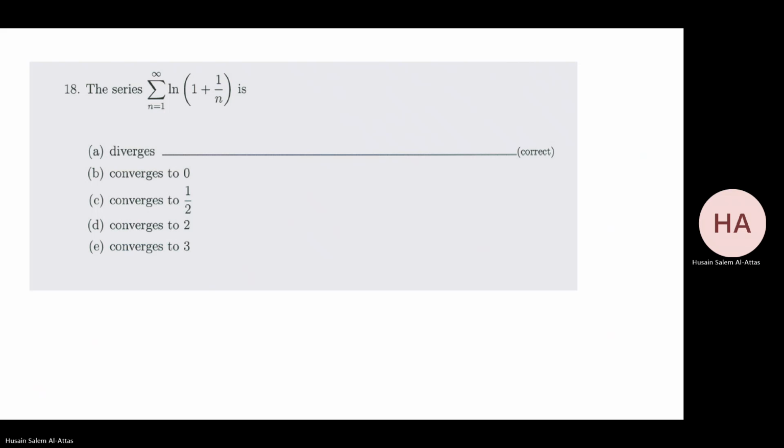Okay, this one, what to do? If we think of it, ln(1 plus 1 over n), I need to manipulate it a little bit. That will be ln((n plus 1) over n), which is ln(n plus 1) minus ln n. Now it's very clear, it's telescopic now.